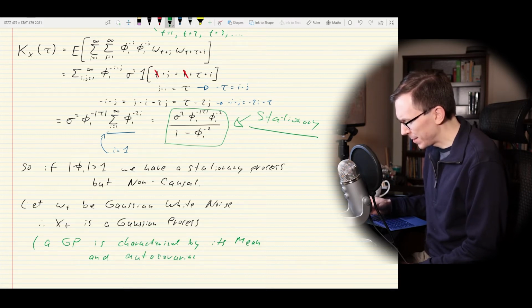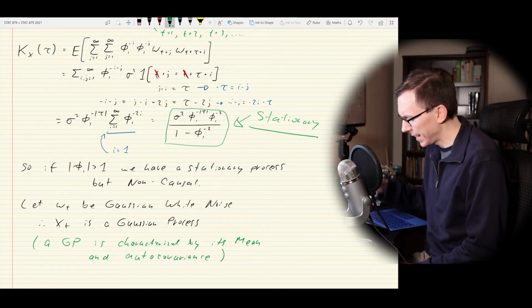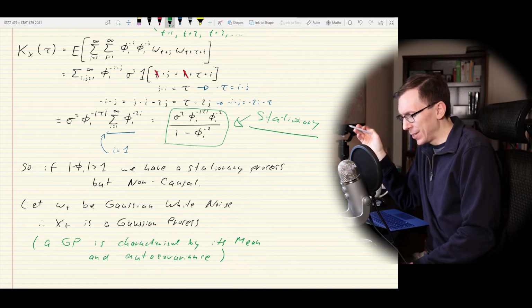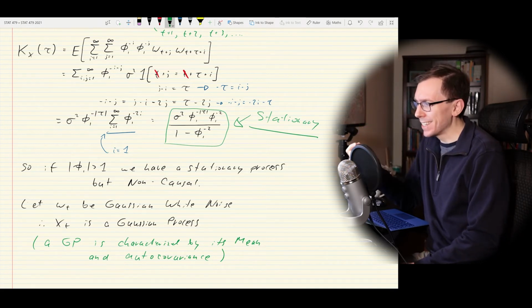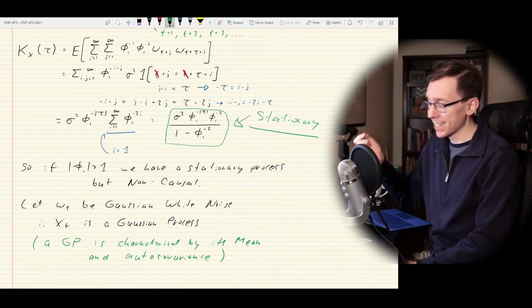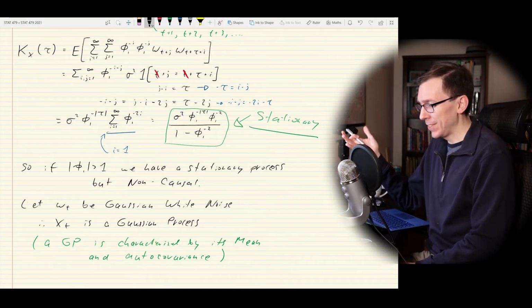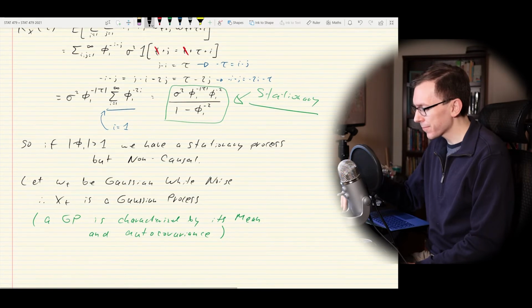So the Gaussian process is quite nice in this case because once you know what the mean is and you know what the autocovariance is, you know what your Gaussian process is. You're kind of done. You don't need anything else.